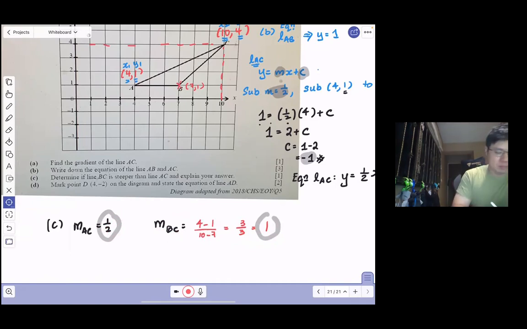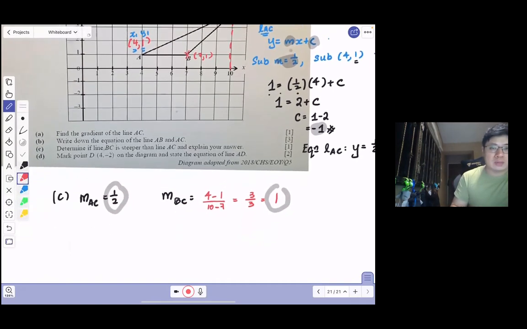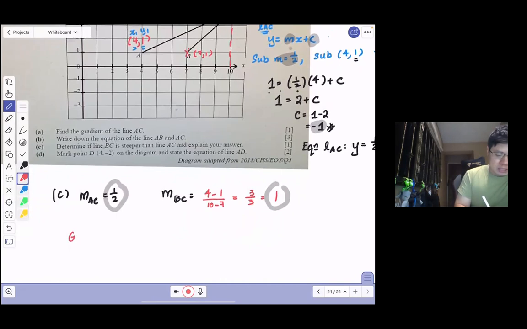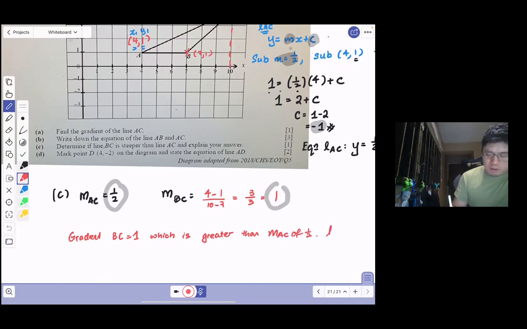To explain: the gradient of BC is 1, which is greater than the gradient of AC, which is half. Therefore, line BC is steeper.